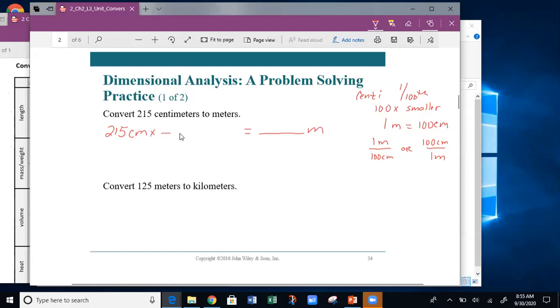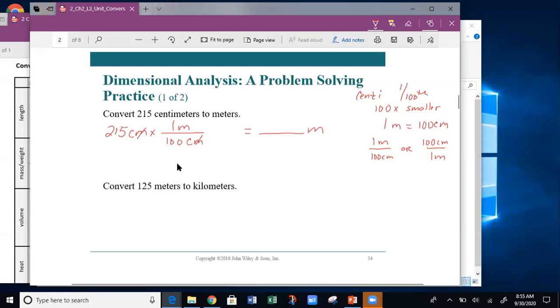In this case, I know for a fact I have to have centimeters on the bottom because my goal is unit cancellation. If I have centimeters on the bottom in my first unit conversion, I will get my unit cancellation. So that leaves me with 100 centimeters on the bottom and 1 meter on the top.